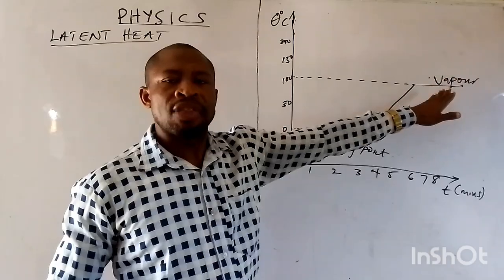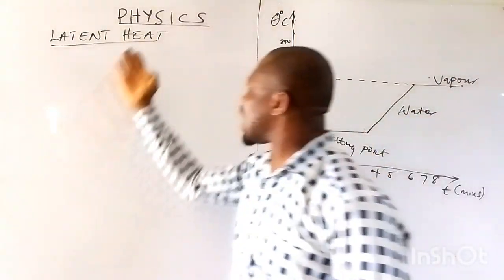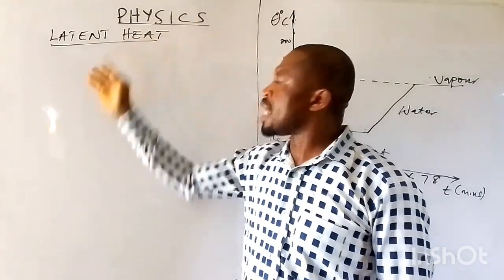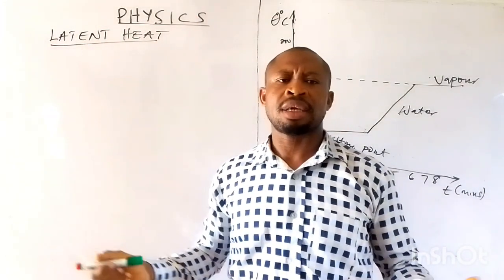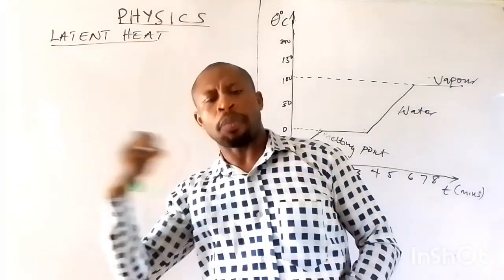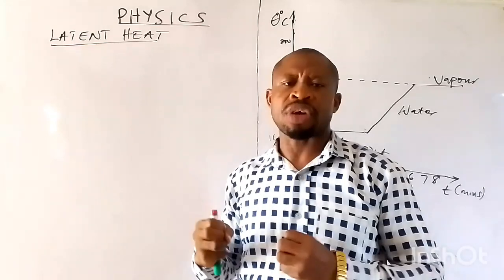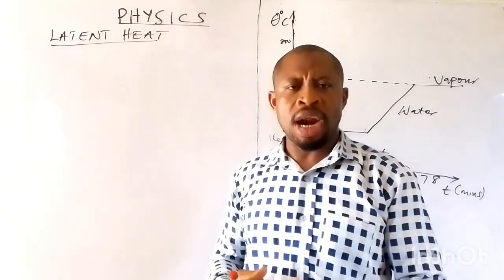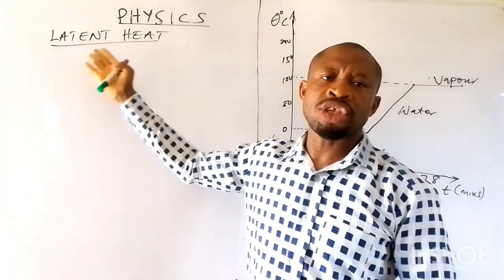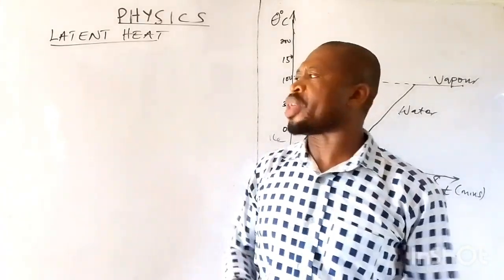Therefore, we can now explain latent heat as the heat required, either heat supplied or heat extracted, from a substance in order to convert it from one state to another.